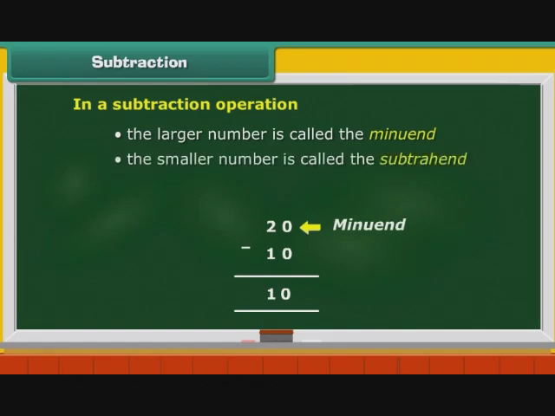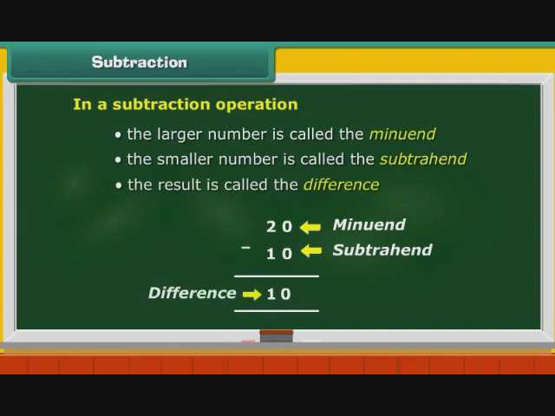The smaller number is called the subtrahend, and the result is called the difference.